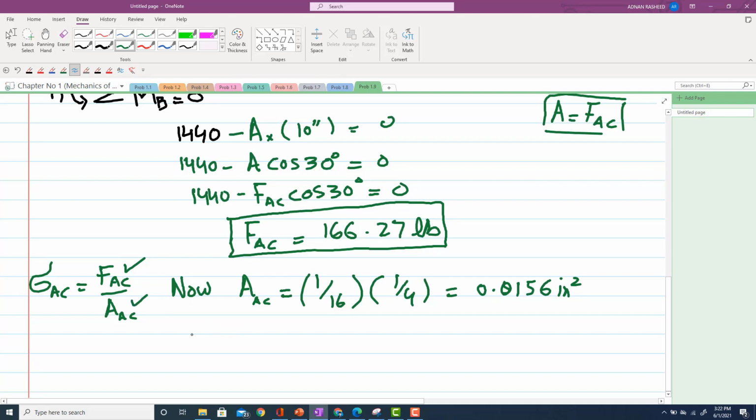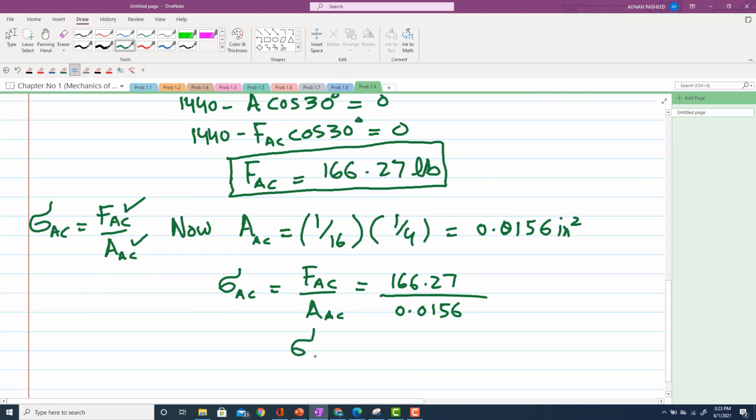So putting the value in this formula, sigma AC is equal to FAC over area of AC. FAC is 166.27 while area is 0.0156. So sigma AC is equal to 10.64 KSI. As the unit, this is in pounds and this is in inch square.